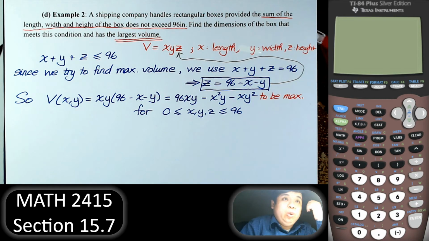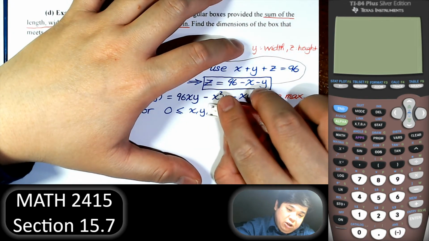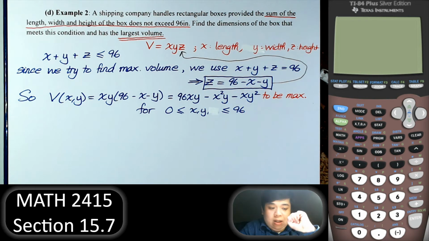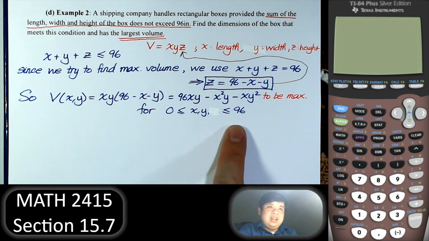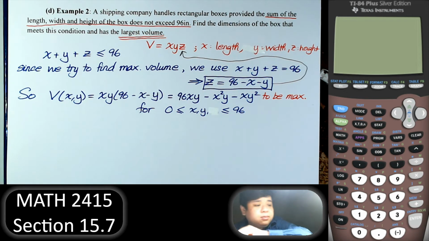So what can we do here? Actually, we only need x and y, because the function only has two variables. Same thing we did before: find the critical points inside, then the boundary, and then test them.